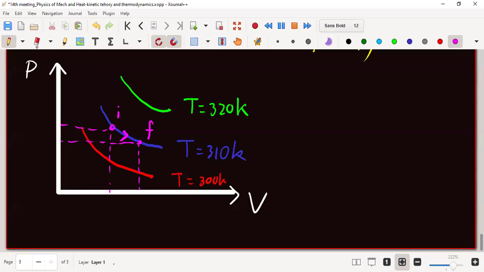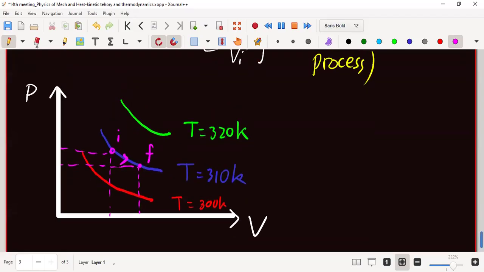And in the reverse condition, for a compression, the final volume is less than the initial volume, so the ratio of volume is less than 1. So the natural logarithm will be negative.